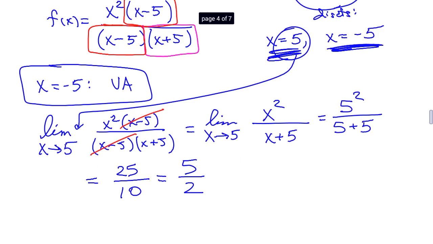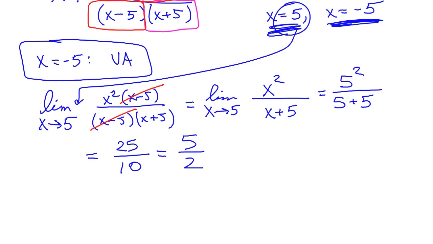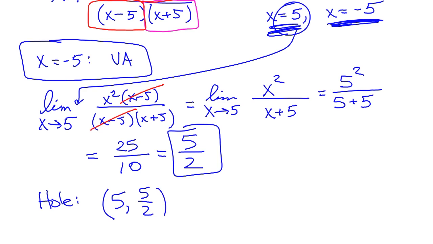Since you took the limit as x goes to 5 and you received a finite number, in other words, no infinities and no does not exist, it's an actual number, then that tells me we have a hole. And the hole is at 5, 5/2.